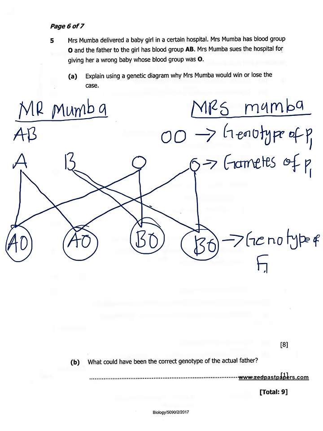So the statement that we can write here is, therefore, Mrs. Mumba would win the case because according to the genetic diagram, there was no chance for Mr. Mumba and Mrs. Mumba to have a child with blood group O. So that is what we can write here.